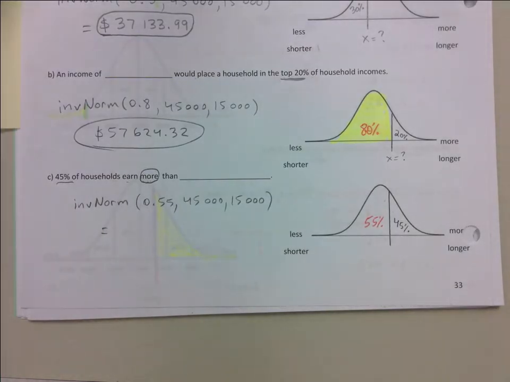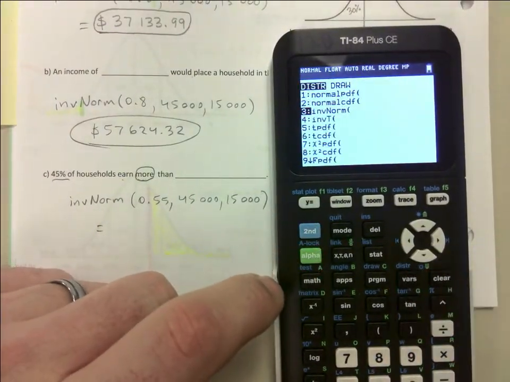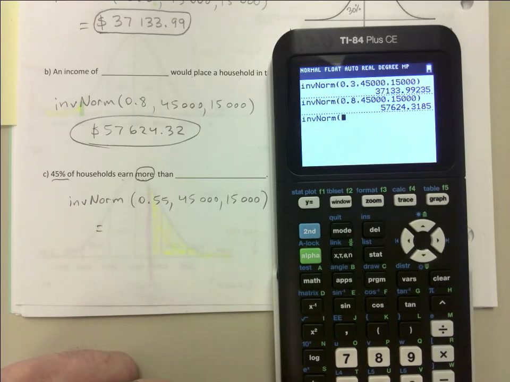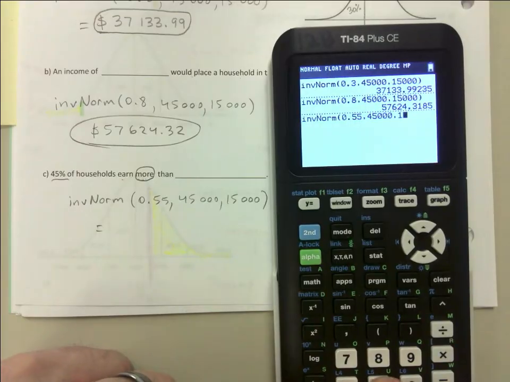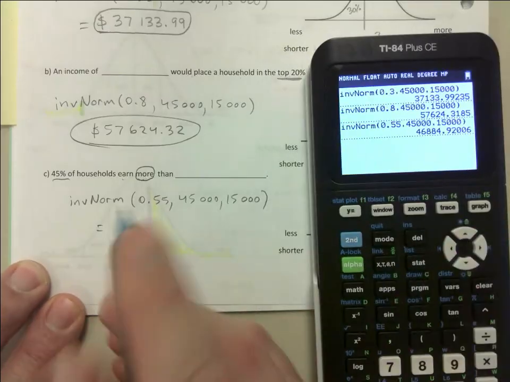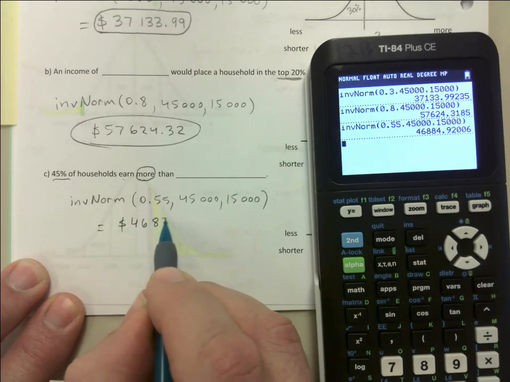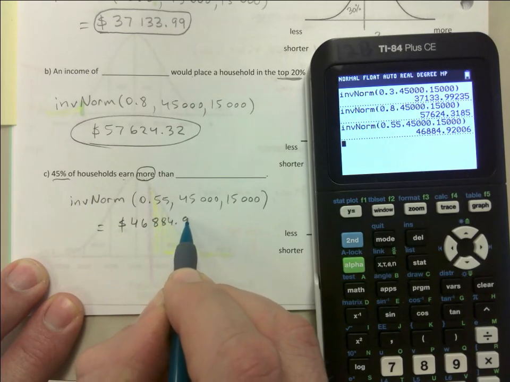I'm going to call inverse norm one more time. $46,884 and 92 cents.